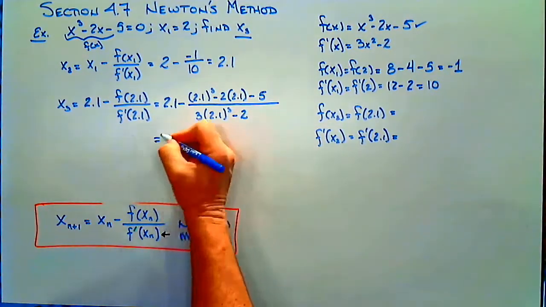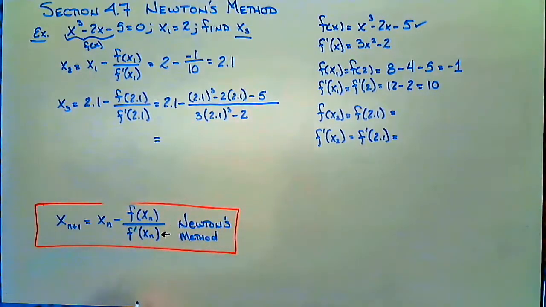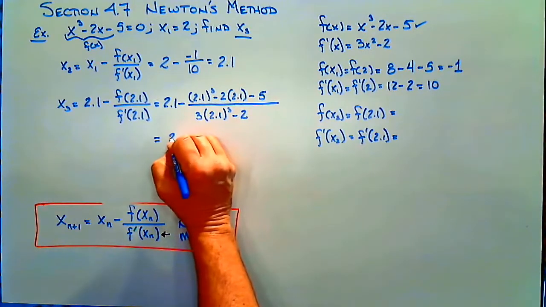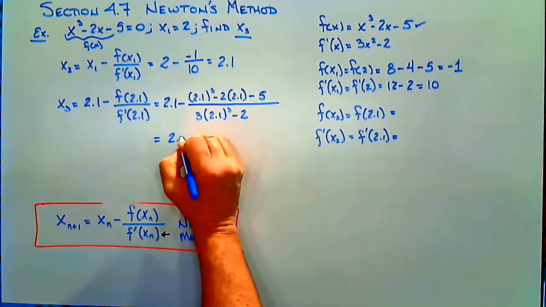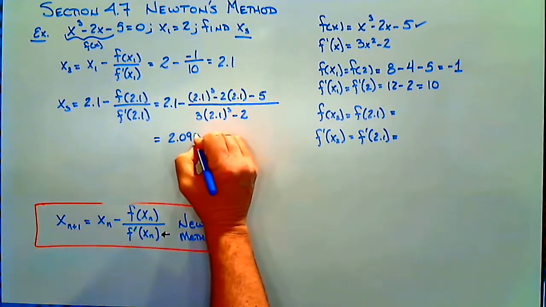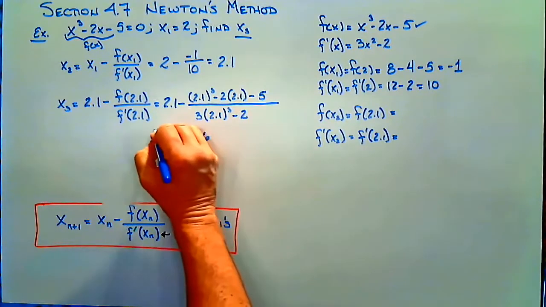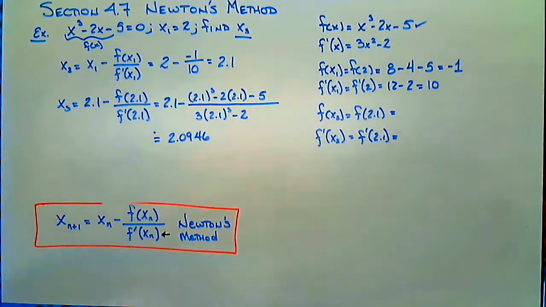And through the magic of copying things out of the textbook instead of calculating them ourselves, I can tell you that this turns out to be 2.0946. And that's approximately 2.0946 because in the book they've rounded it to 4 decimals. All right?